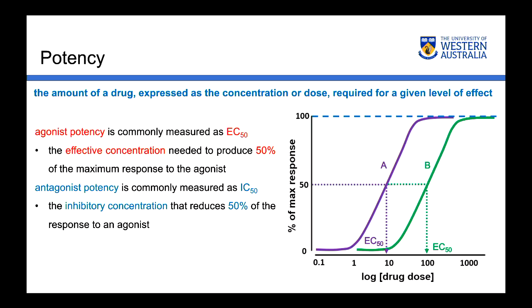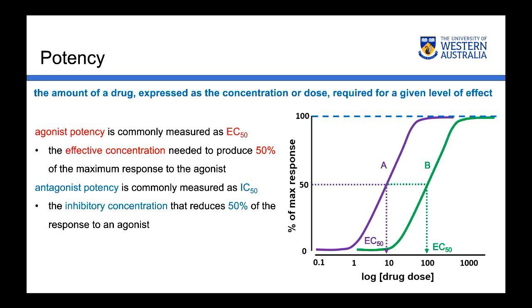I didn't show a curve here because it's probably sufficient for you to understand how to measure agonist potency, because that's more important when you look at the action of different drugs. But there's a third concept. We talk about affinity, which is the binding, efficacy, the level of response, and potency, the amount of drug that is required in order to produce a particular response.